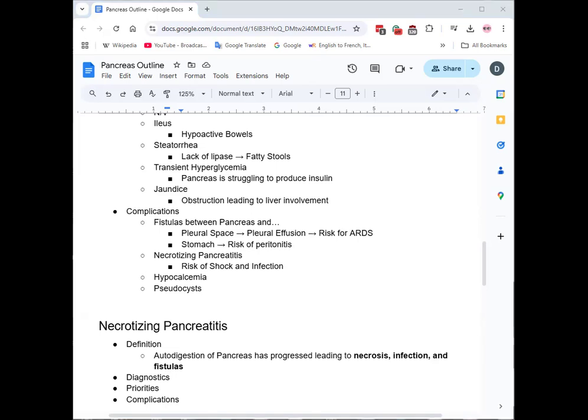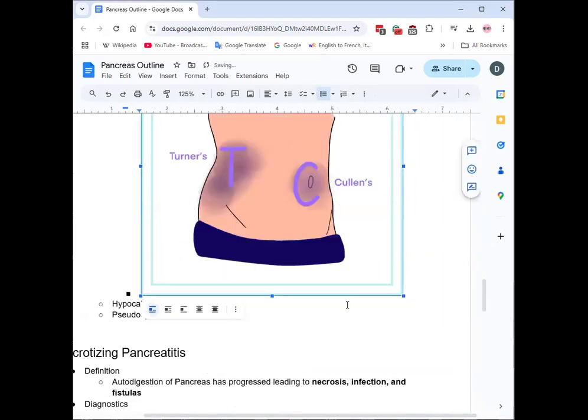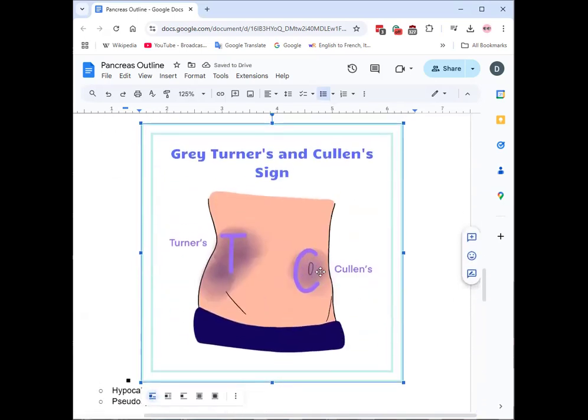There are other ones, like Fox's sign, but the main emphasis for now is on these two.